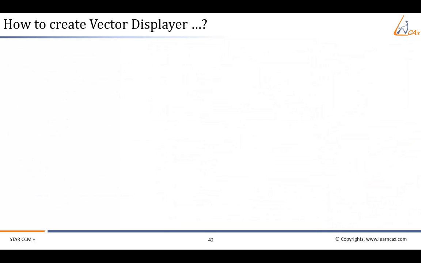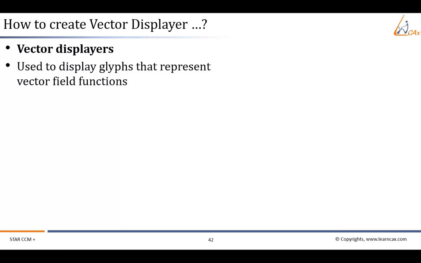Next comes the Vector Displayers. Vector displayers are used to display glyphs that represent vector field functions. The Vector Displayer node controls the display of vectors along the surface of a part. Vector displayers are created automatically when a vector scene is created. We can add a vector displayer to any scene.